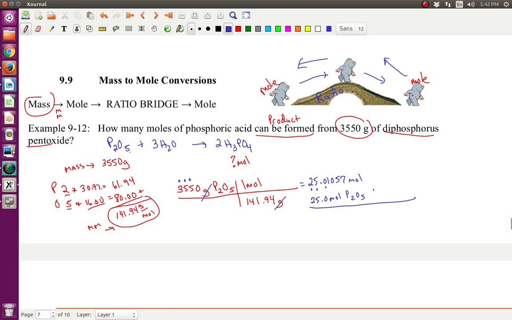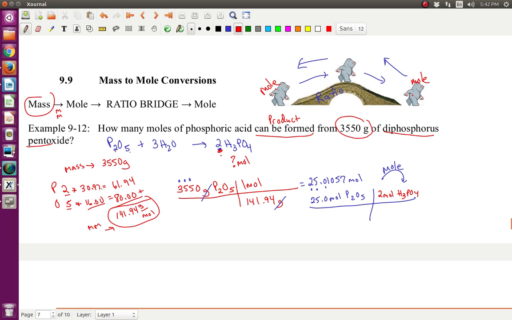Now I use the mole ratio, or the mole bridge, to get from one molecule type to the other molecule type. And the ratio is there are 2 moles of H3PO4, and since that's the thing I'm after, it has to go on the top. 2 moles of H3PO4.